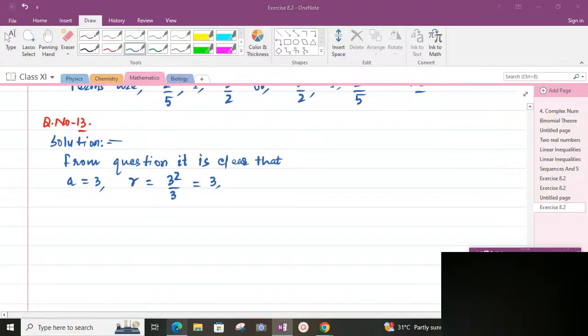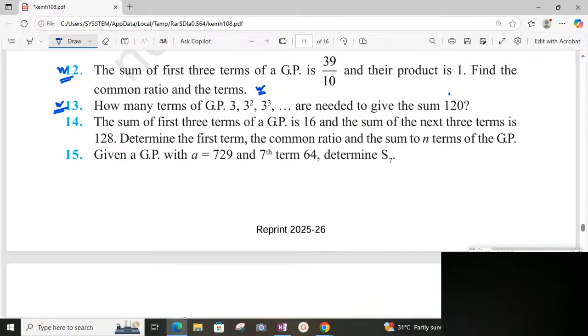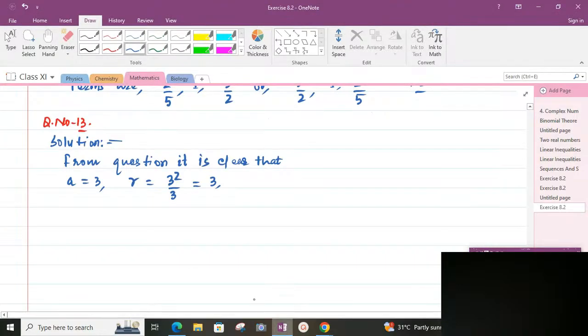In this question it asks us what? n equal to what? And Sn is given, Sn equal to 120. Therefore the question asks us the value of n.